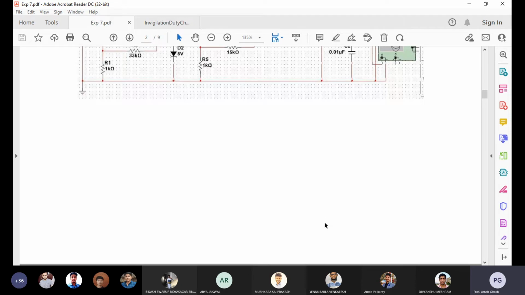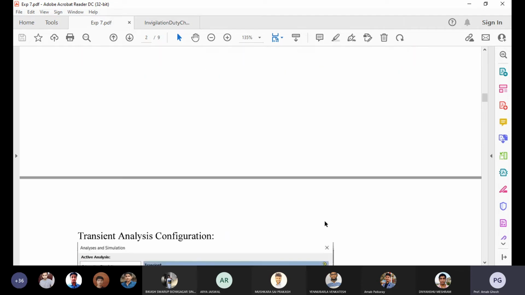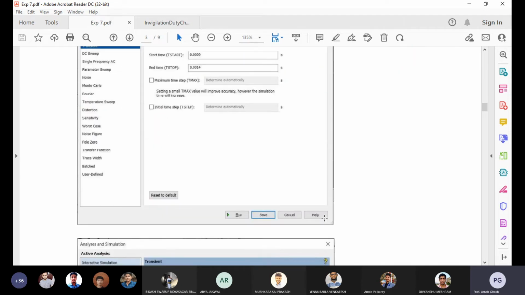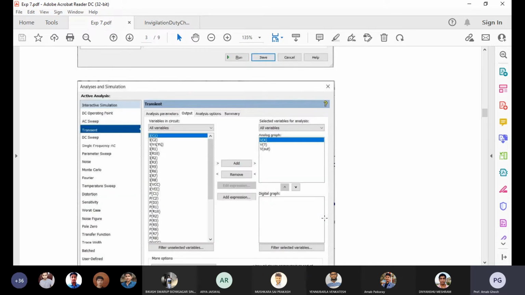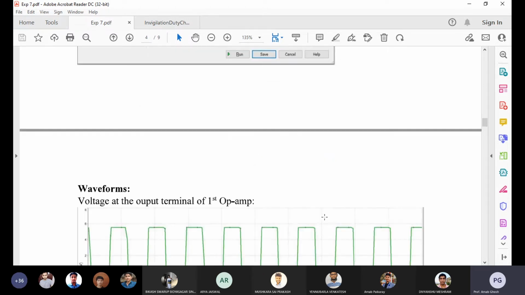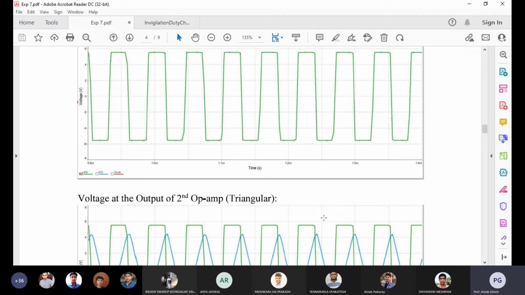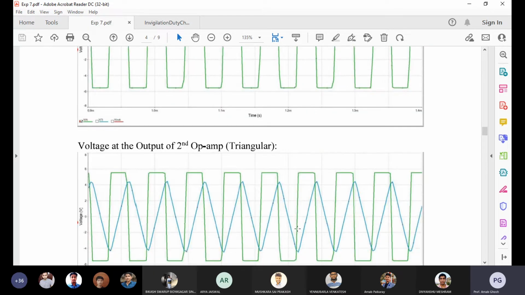I hope you are getting those points. Now we can also use an opto-isolator as well as an isolation transformer. Both we can use, and based on costing, the input side as well as the output side, the processor, everything can be changed, but the power circuit will be intact.